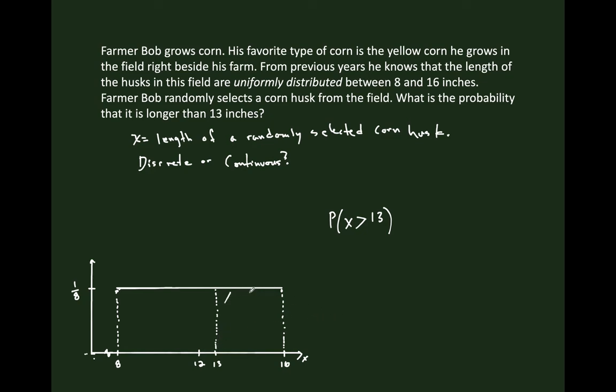Those would be all of the husks that fall into this portion of the distribution. And the probability is the area of this region. So let's see, 13 to 16, that's 3 units. The height is 1/8. So the probability would be 3/8.